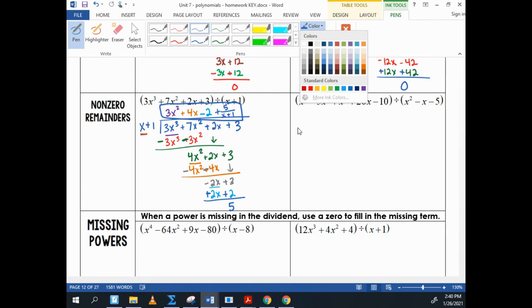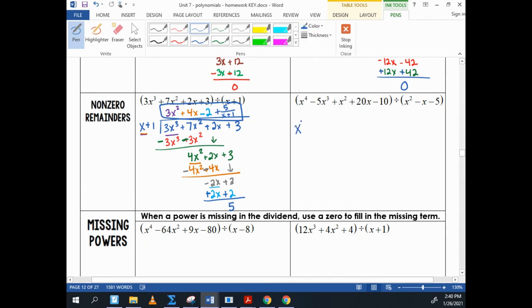We have this x squared minus x minus 5 that we're going to divide into x to the fourth minus 5x to the third plus x squared plus 20x minus 10. So we just have a little bit of a longer problem here.